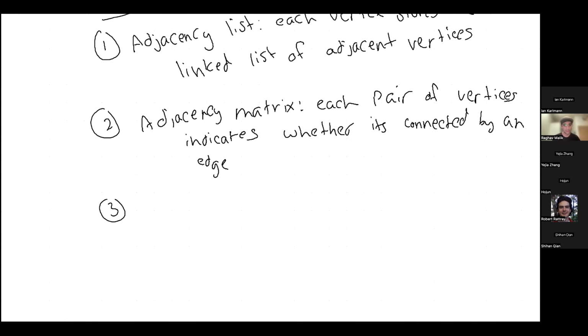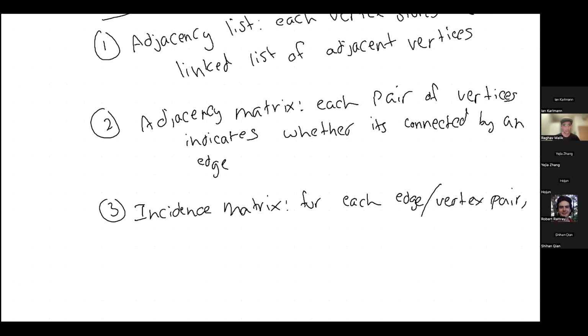And then we had the incidence matrix, where for each edge vertex pair, we record whether, I can do better, whether the edge is incident.